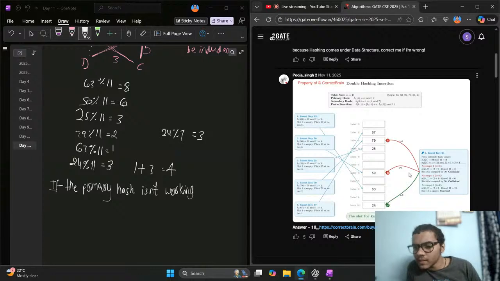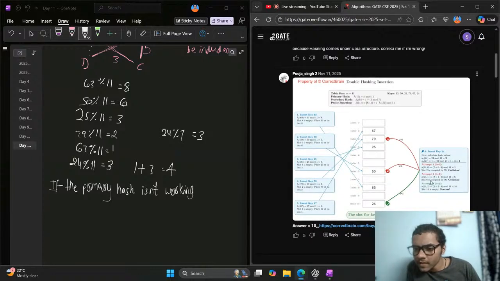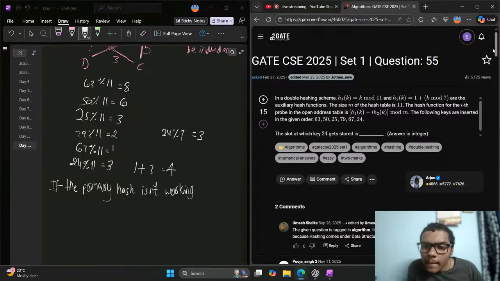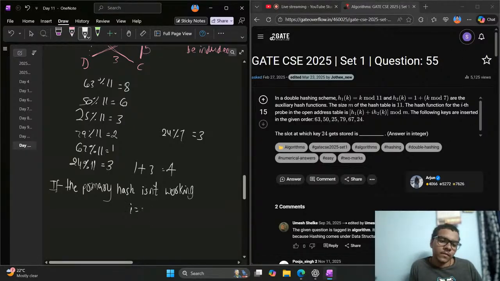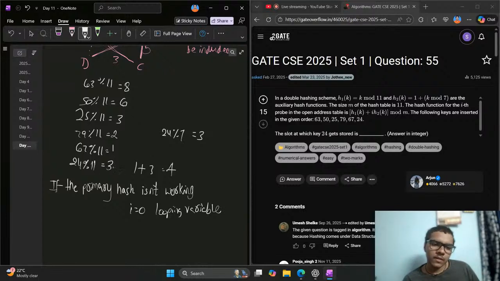So if you look at this, i is equal to 0, 24. Yeah, so i is the iterable or looping variable. Alright. So 3 plus 4, 7.